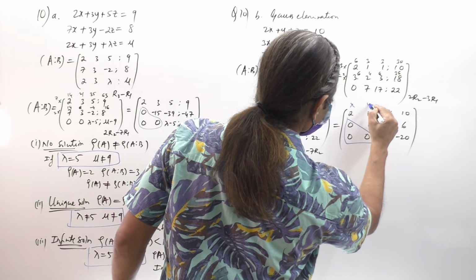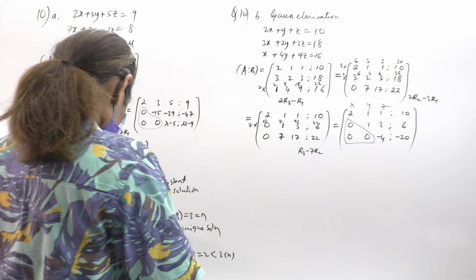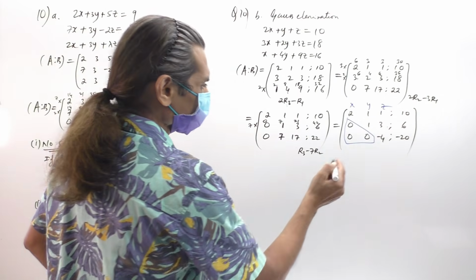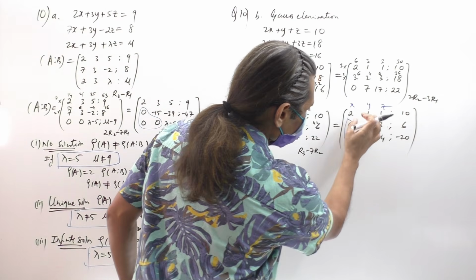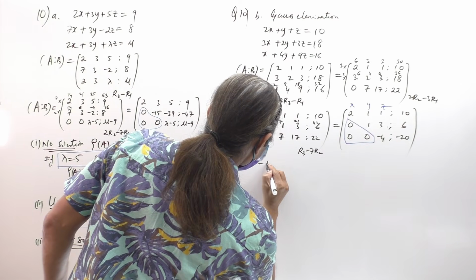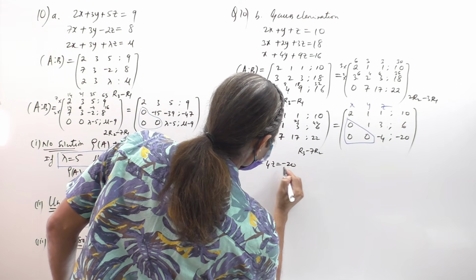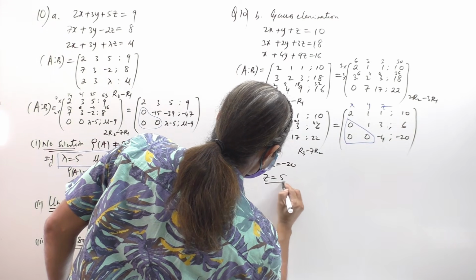So this is for x, y and z. Now by Gauss elimination method we can write, 0x plus 0y minus 4z is equal to minus 20. So z is equal to 5, 4 5s are 25.